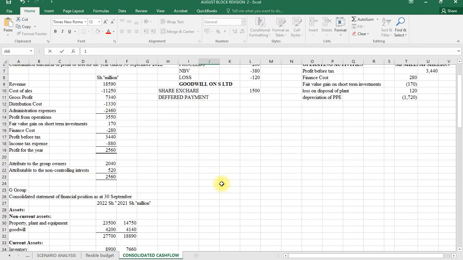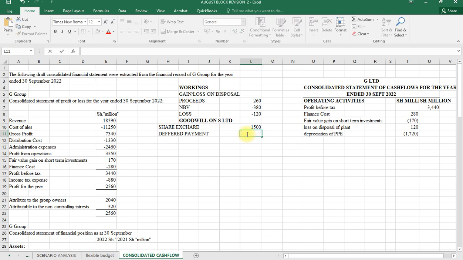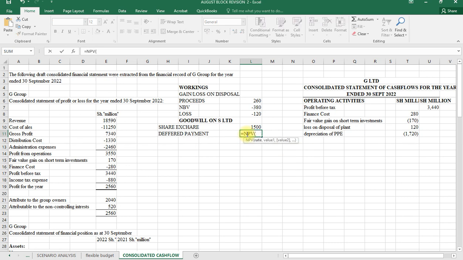So I need to get the present value, or even you can use the NPV, whichever way will give you the answer. So I need the rate and the present value.